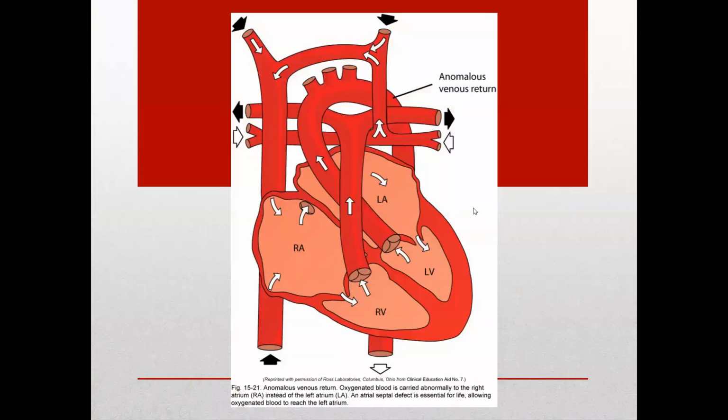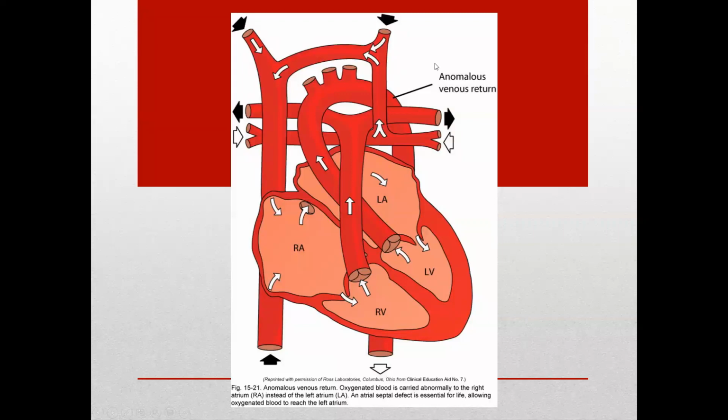So let's find, here's the left atrium. And there's nothing connected to it. Where are the pulmonary veins? These were supposed to connect to the left atrium and they didn't connect. And then they ended up connecting up here somewhere. So maybe this flipped.